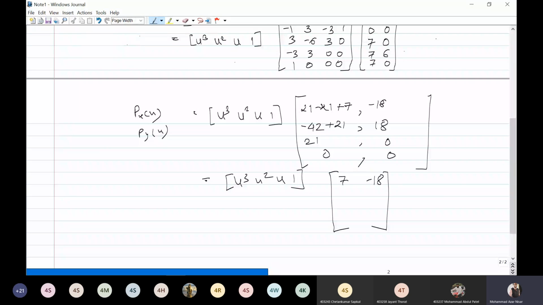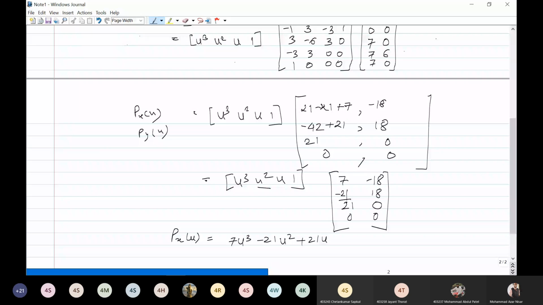Then this will be -21, 18, 21, 0, 0, 0. Now, what will be the equation for Px of u? u cube into 7: 7u cube minus 21 u square, plus 21u. So this will be the first equation.